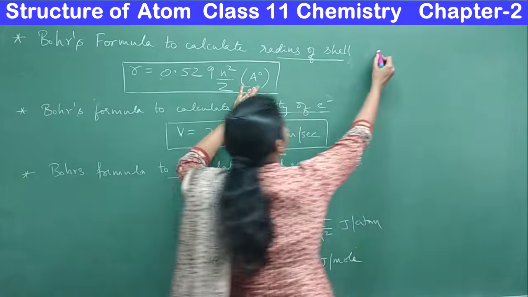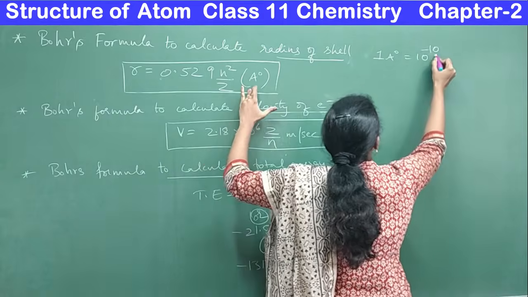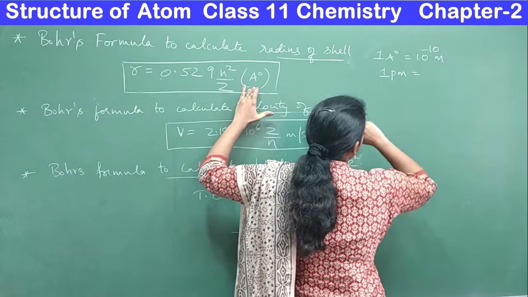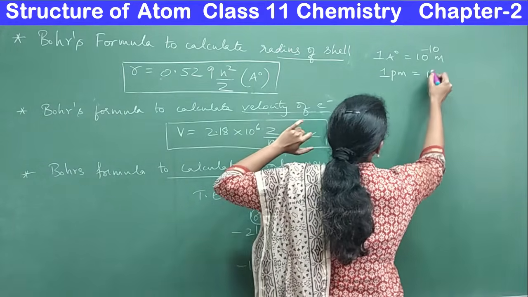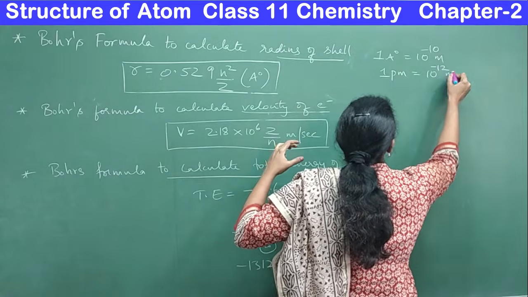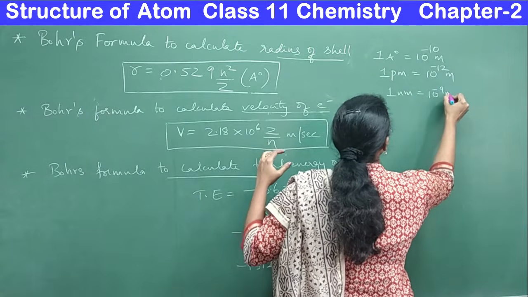We all know 1 angstrom is equal to 10 power minus 10 meter. You must know these conversions, guys. You can calculate this in picometers also. 1 picometer is 10 power minus 12 meter, and 1 nanometer is equal to 10 power minus 9 meter.